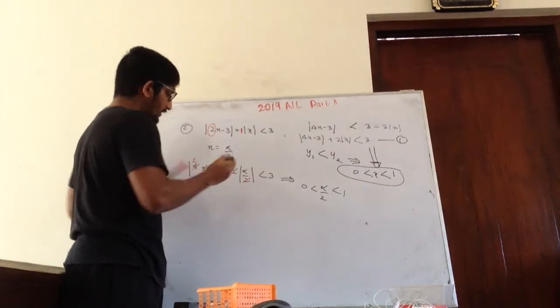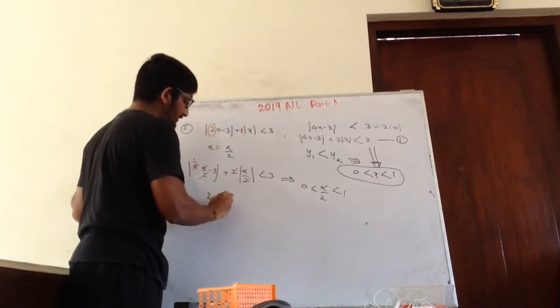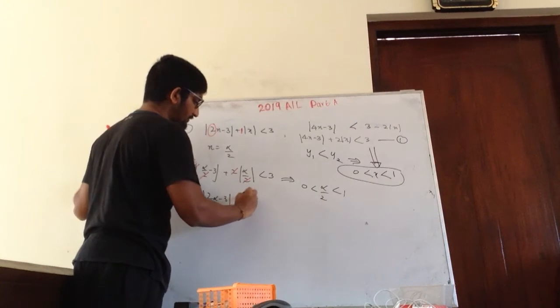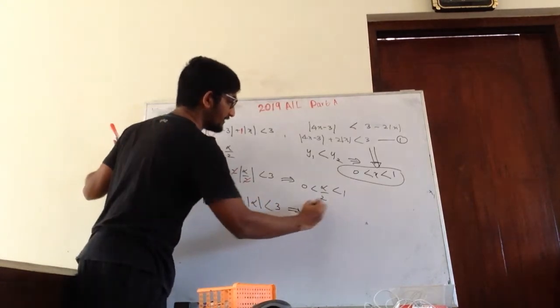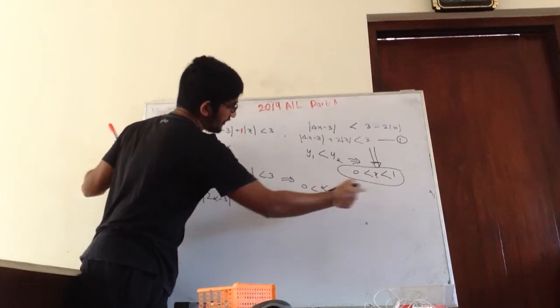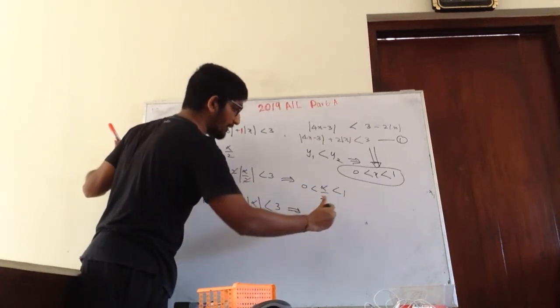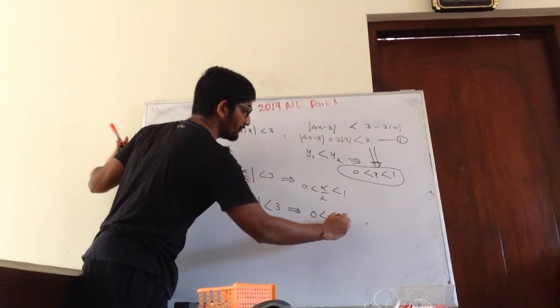So then you will get 2 alpha minus 3 plus alpha less than 3, satisfied by, if I multiply by 2, alpha between 0 and 2.